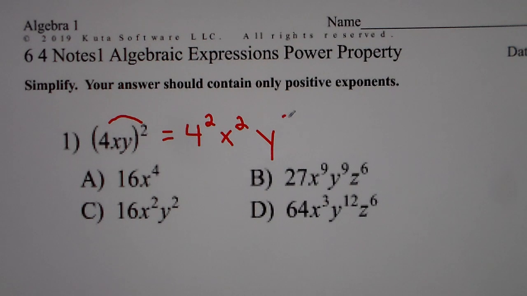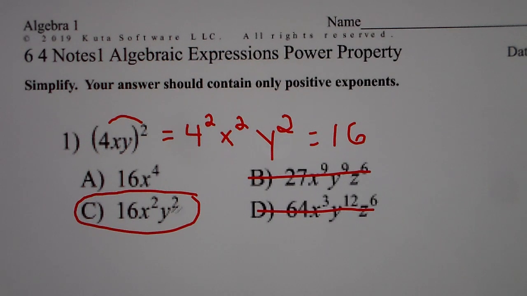So each one of those variables or numbers gets a little squared to it. Now 4 squared is 16, which you could already see b and d are already eliminated. And then x squared, y squared. Well, this is just x to the 4th. So our answer is just that, 16x squared, y squared, for number 1.